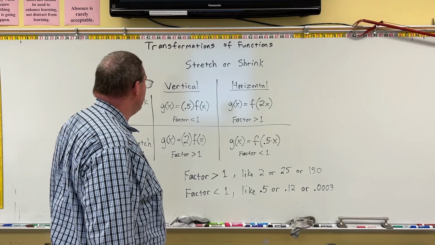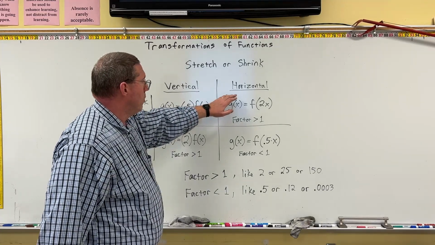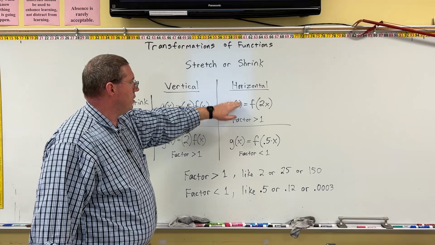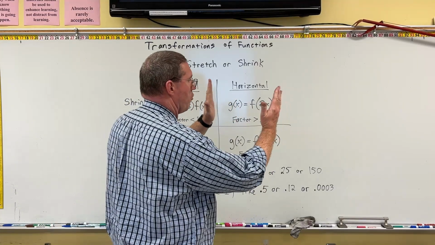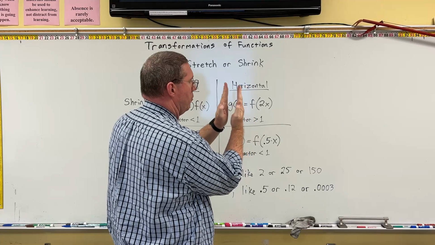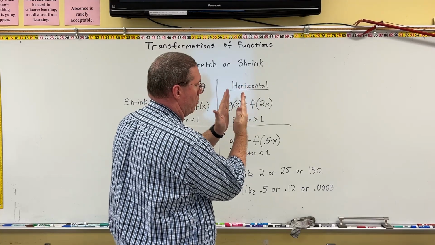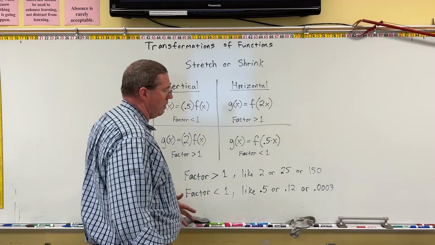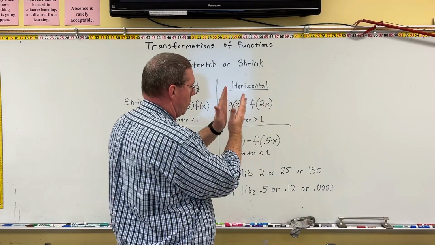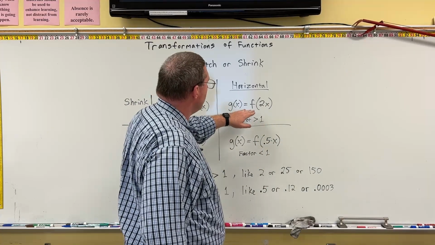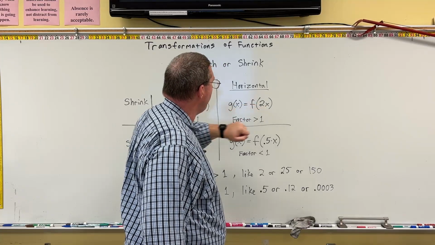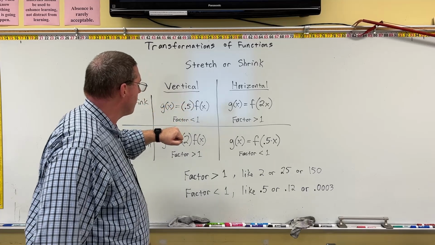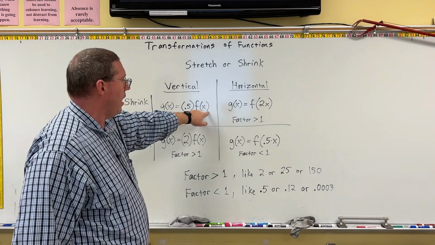If you want to shrink horizontally, if you want g of x to be a horizontal shrink of f of x, that means you're crushing f of x together into a smaller space, maybe a smaller domain. Not really, but I mean, it looks crushed closer. Remember, with horizontal transformations, we only affect x, where with vertical transformations, we affect the whole function f of x.